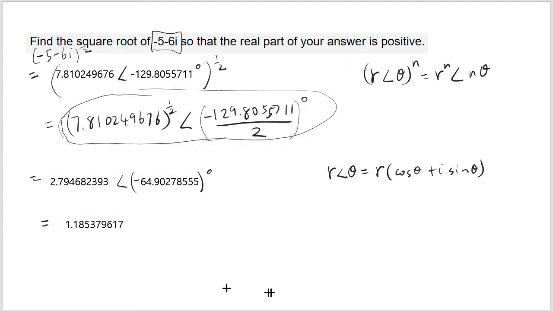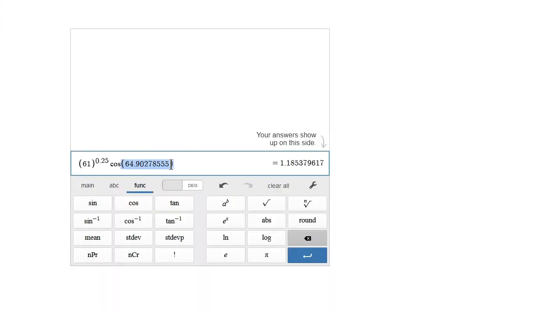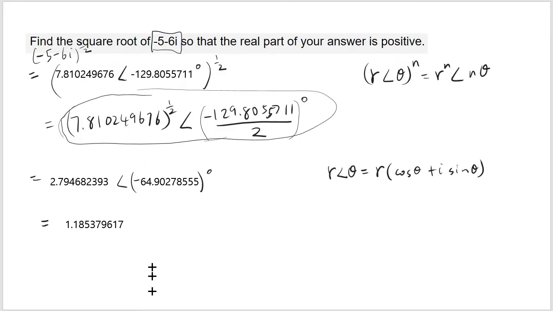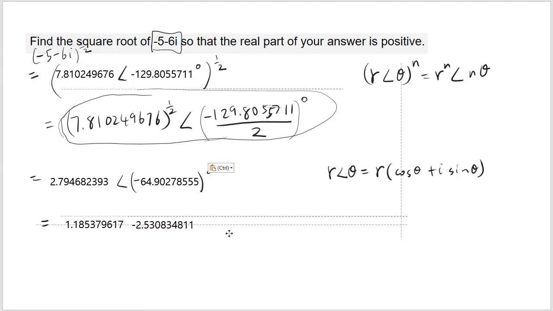On the other hand, I need to do the sine this time, so let's copy this, delete this, now use sine. Okay, and in that case you get, well, actually it should be minus, I forgot about the minus sign. So because of the minus sign, it's negative, and this is the imaginary part, so I should put an i in there. Okay, so there you have it, that's the answer.